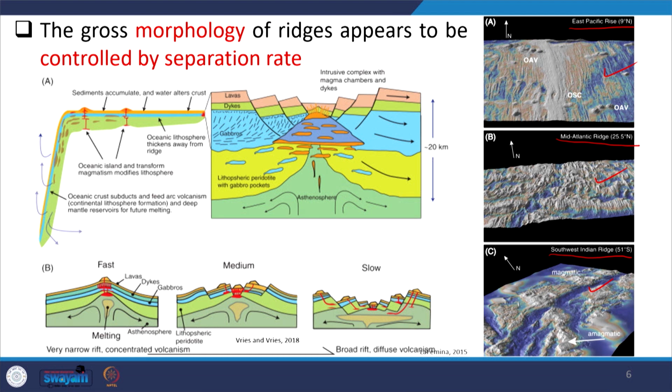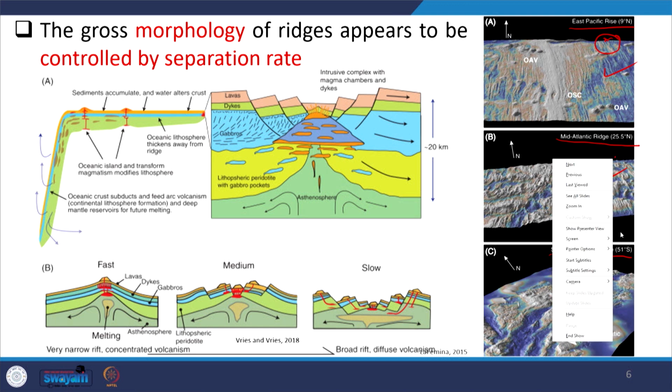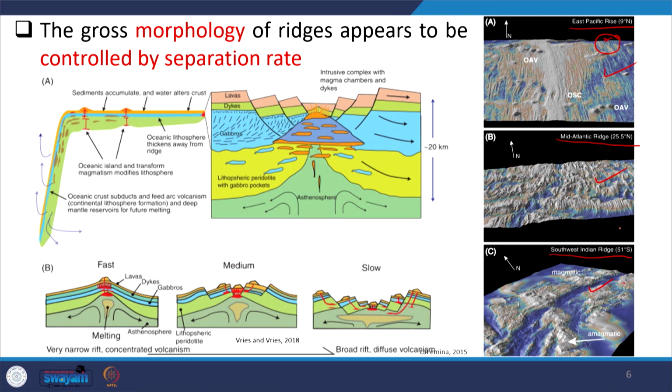Here, the fastest rate of spreading is recorded, then intermediate, then the slowest rate of spreading.